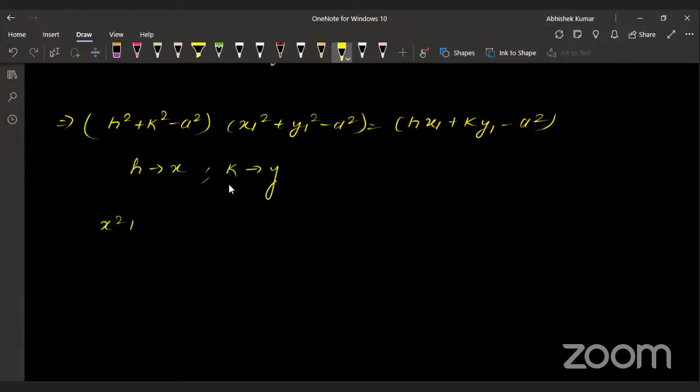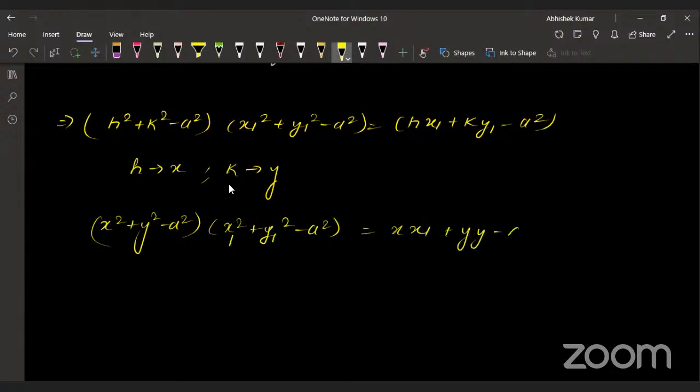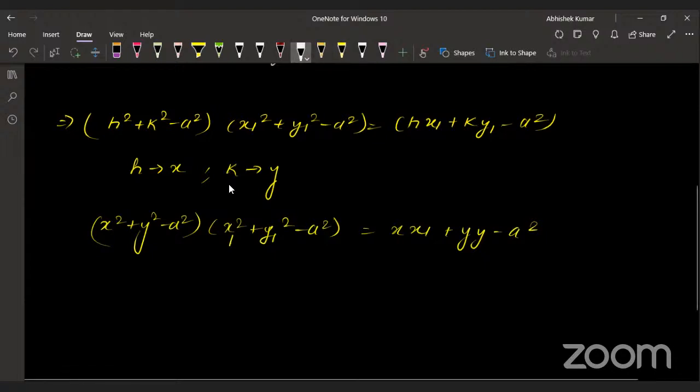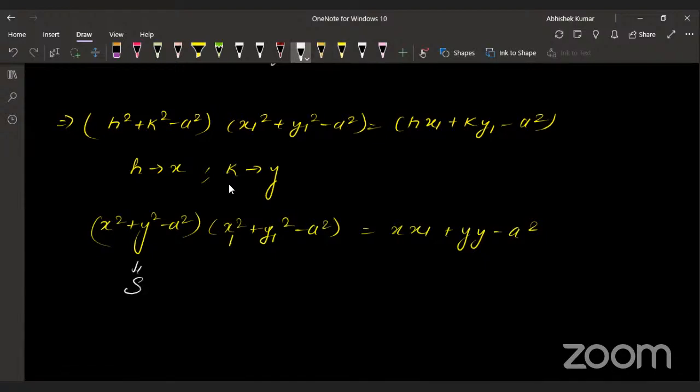So you will get x square plus y square minus a square into x1 square plus y1 square minus a square, equal to x x1 plus y y1 minus a square. Is this the same as s into s1 is equal to t square or not?